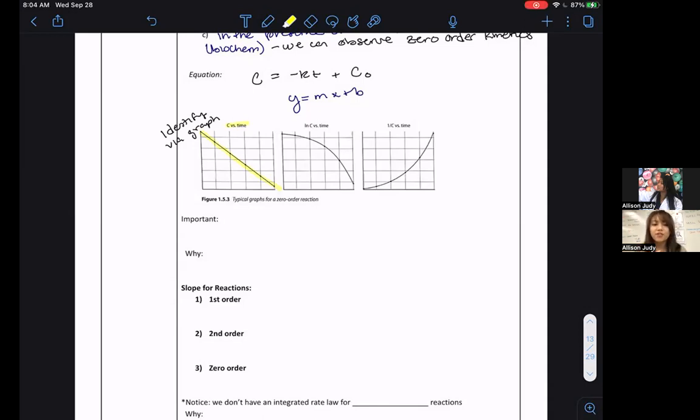Three, identify when you're working with a first, second, or zero order reaction based on graph variables. And four, be able to understand the specific limiting conditions where we would observe the rare zero order behavior. That's it. Leave it at that. That's going to be plenty for you guys.